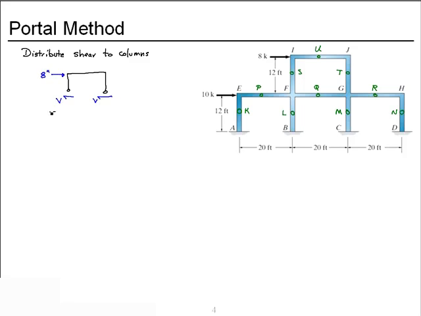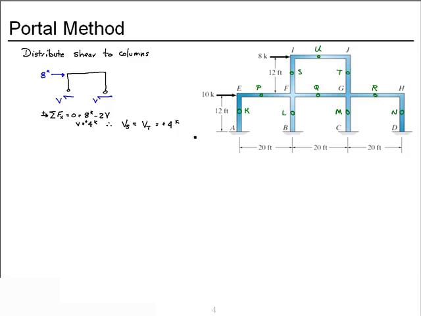So when I apply horizontal equilibrium, eight kips minus 2 times the shear, we get a shear of 4 kips in each of the columns. So that means that the shear at S equals the shear at T, equals a positive 4 kips.